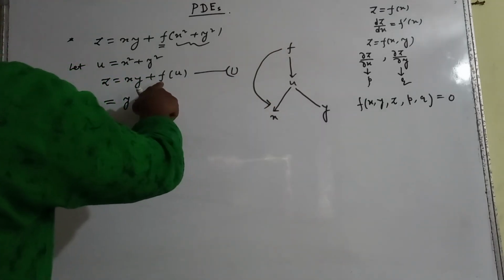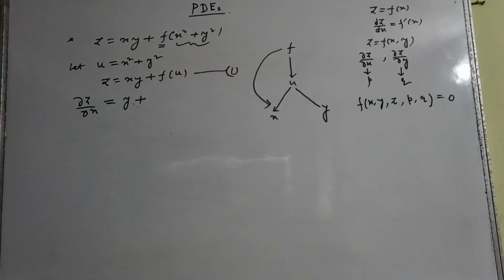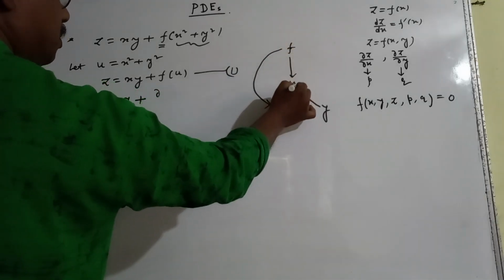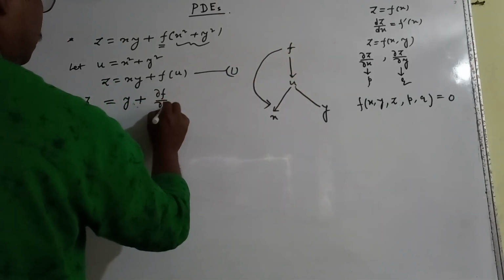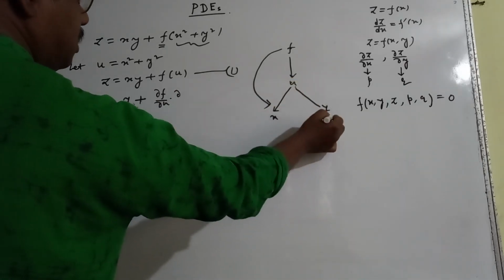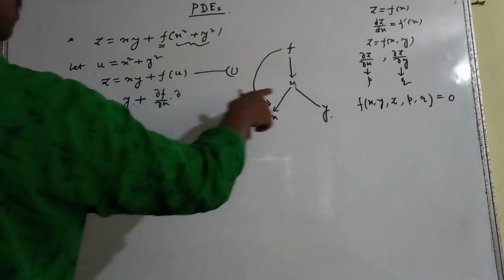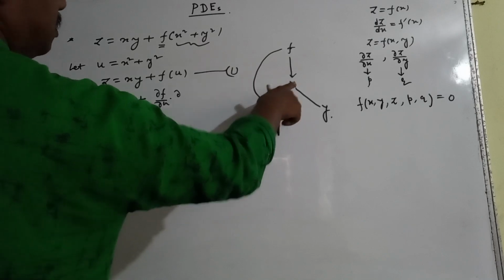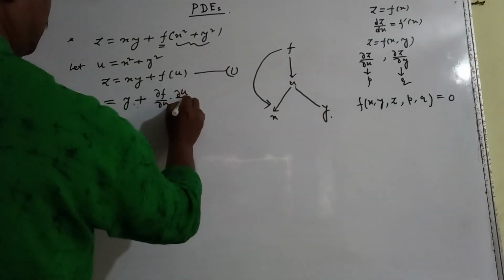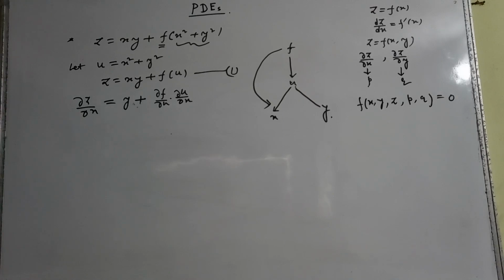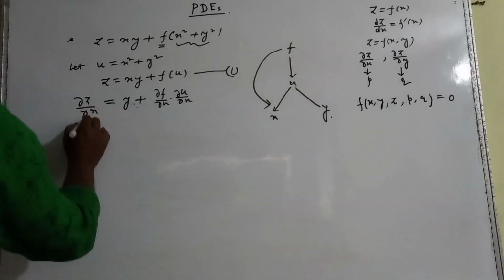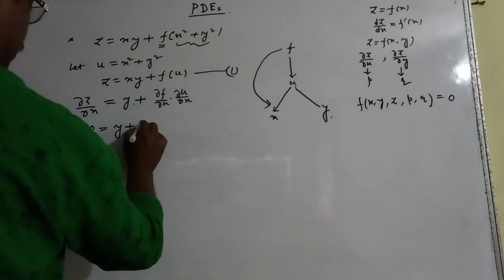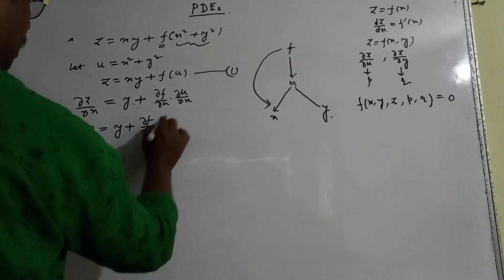When we differentiate with respect to x, first differentiate f with respect to u, del f del u, into del u del x, because u is a function of x and y, so the derivative is partial. Then del z del x, as p, equals y plus del f del u into del u del x.